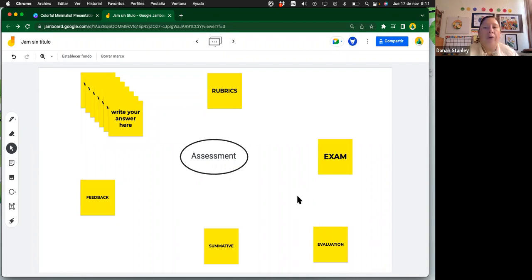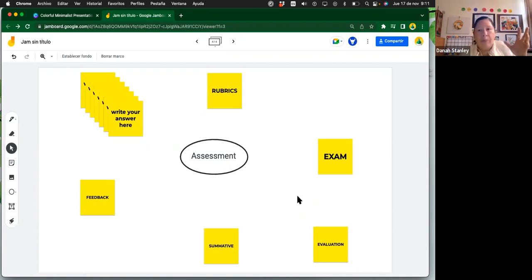Because we grew up with the idea that having an exam was to give you a number and to say if you know or if you don't know. But in reality, it's a kind of evaluation, a kind of assessment.